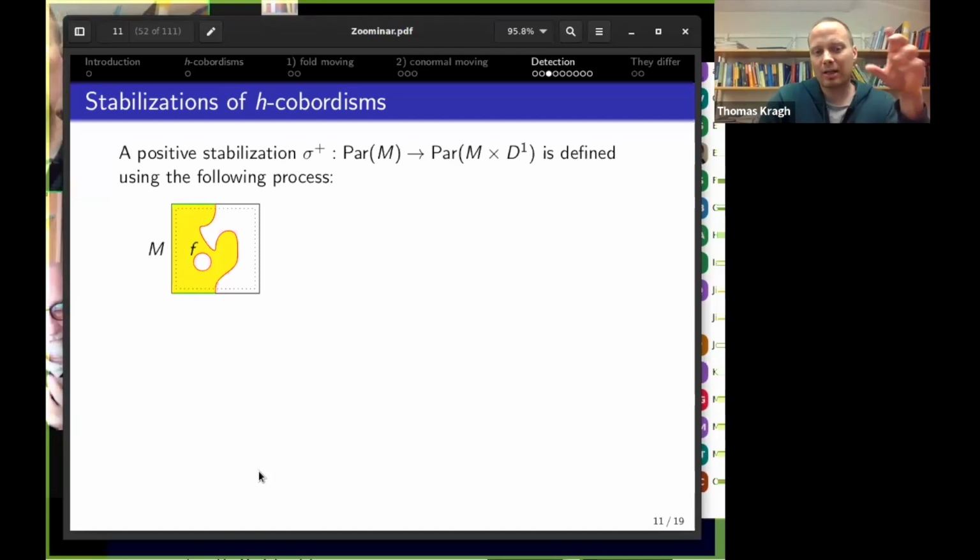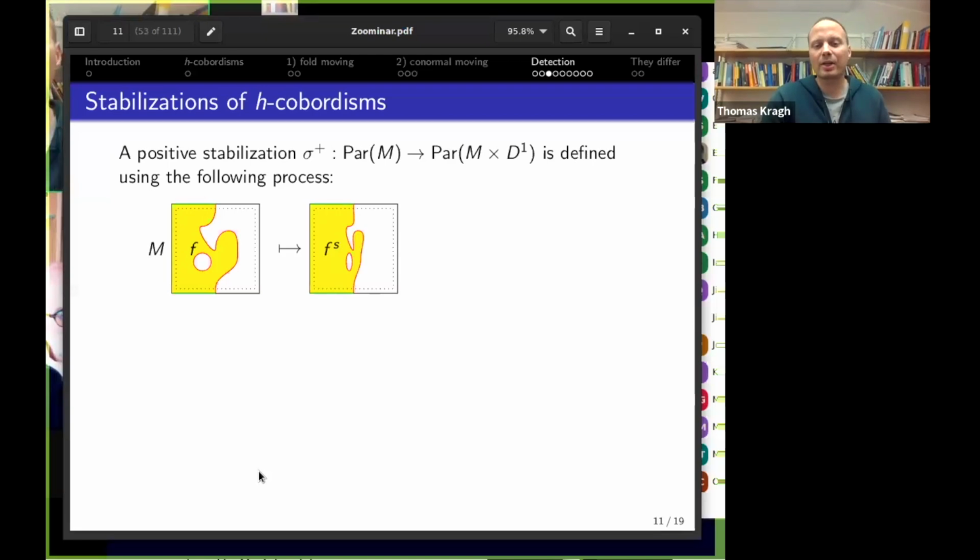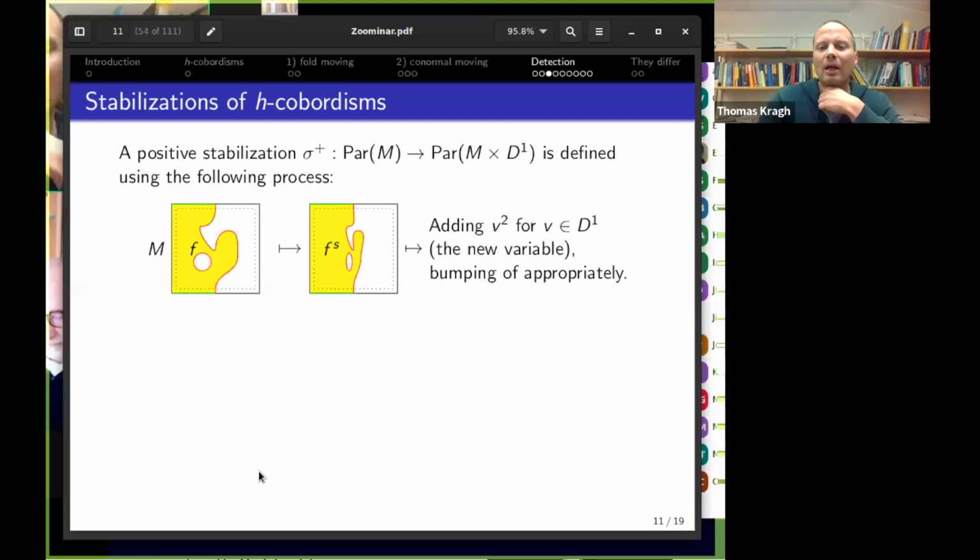Because I had this local picture, where things were inside this compact rectangle, I need to be a little careful with how I bump off and how I do things. So what you can do is start by shrinking the direction of the interval to make it much narrower in the middle, C0 close to the base point, but not really close in partition space to the base point. And then you add a new coordinate v squared, bumping off appropriately.